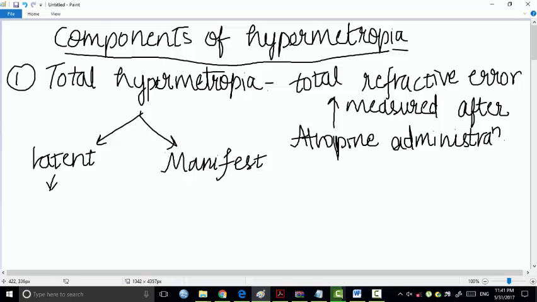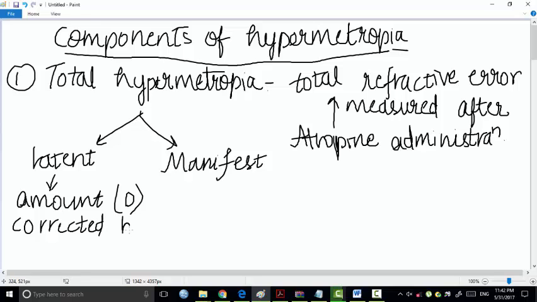So this latent hypermetropia is the amount, seen in diopters, corrected by ciliary muscle tone.